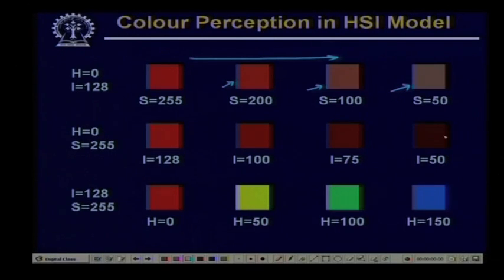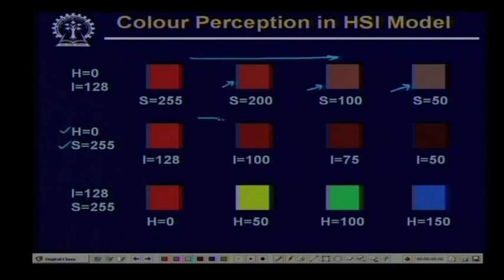In the second row, what we have done is we have kept hue and saturation constant, that is hue equal to 0 and saturation equal to 255, and what we have varied is the intensity component, or the I component. Here you find that as we decrease the I component, the different rectangles still show the red color.